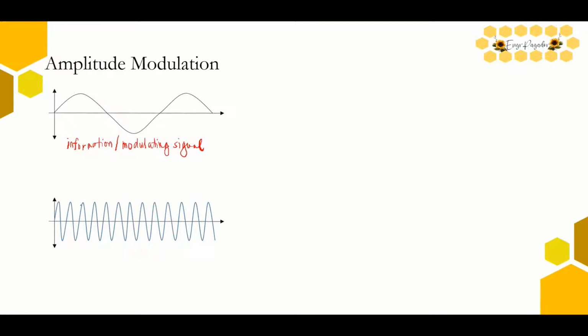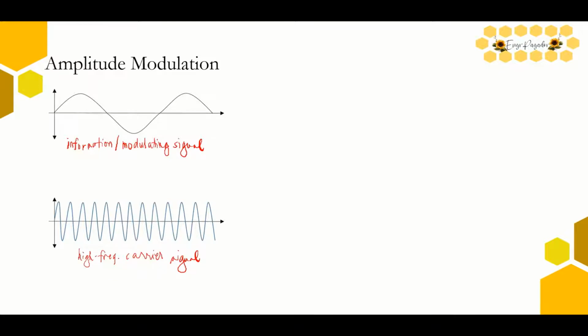Susunod naman, this is your high frequency carrier signal. Okay, so ito ngayon yung amplitude ng frequency signal mo, and this is its frequency. Ito naman ngayon yung information signal mo.